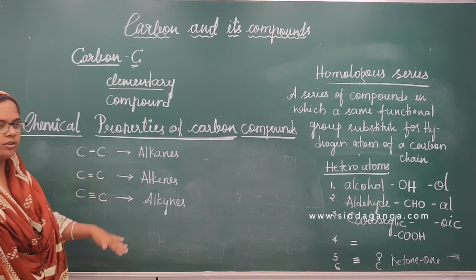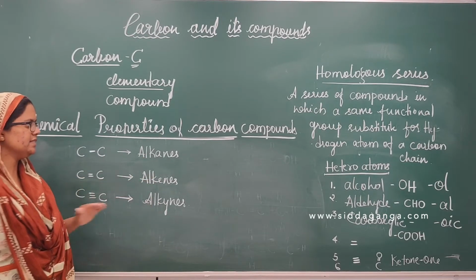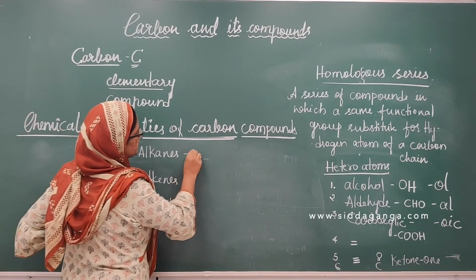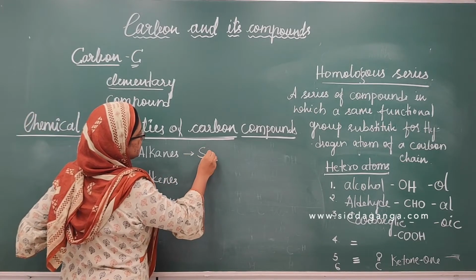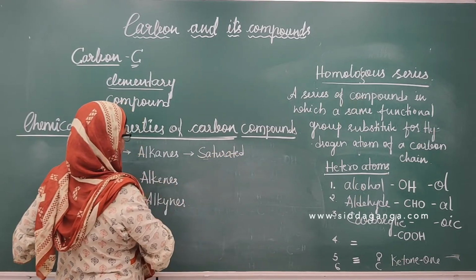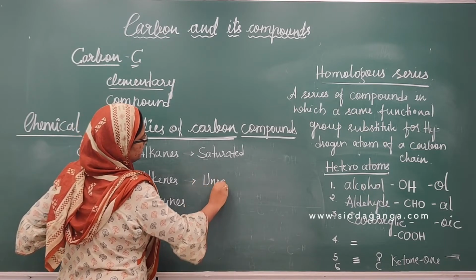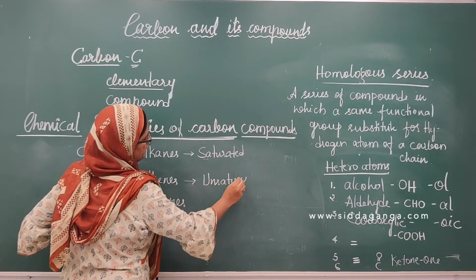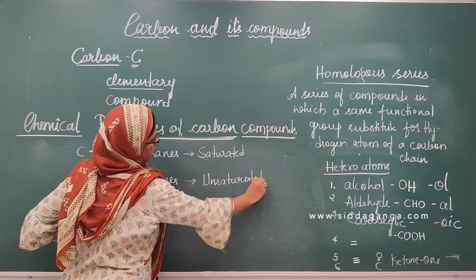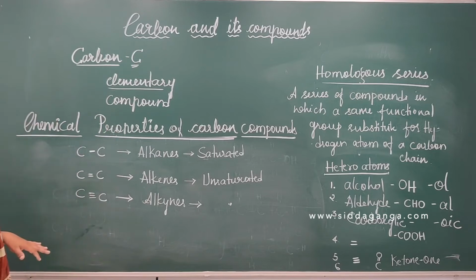Those series in particular are called alkanes, alkenes, alkynes. As we discussed, alkanes are always saturated. Alkenes are always unsaturated. Similarly, alkynes are also unsaturated.